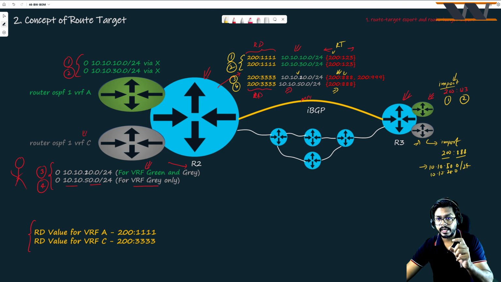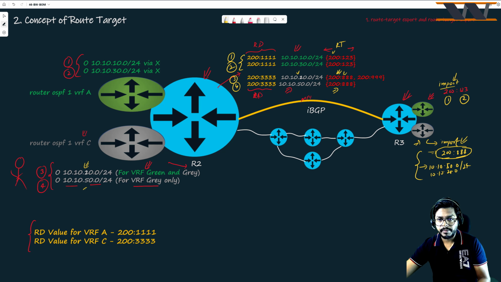If this route has this RT value, it is going to be imported here, and that is what you want. See, 10.10.20.0 and 50.0 should be part of your gray VRF, which is right here. And on the basis of this import statement, you are making this decision, right? You are importing all the routes which have 200:888 into this gray VRF.